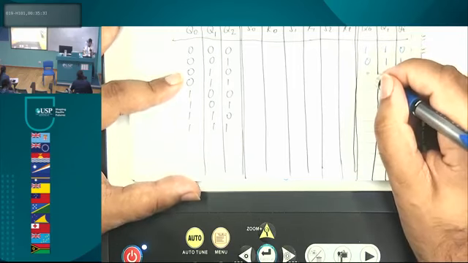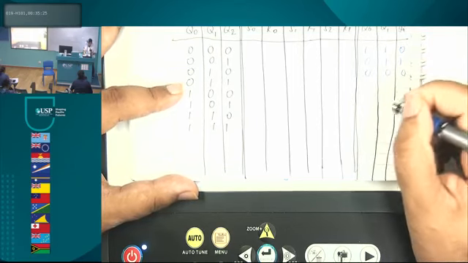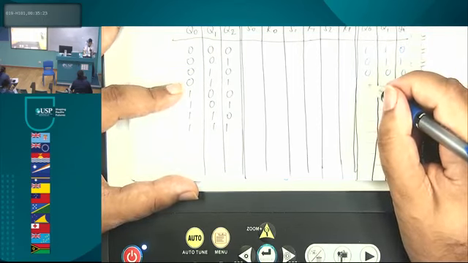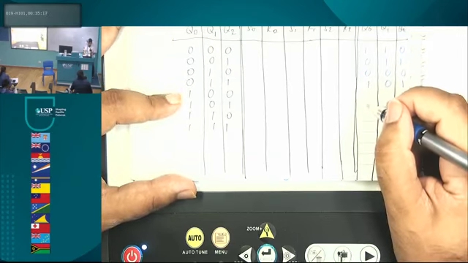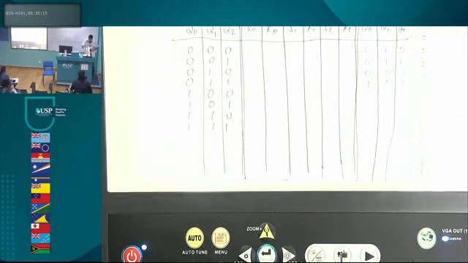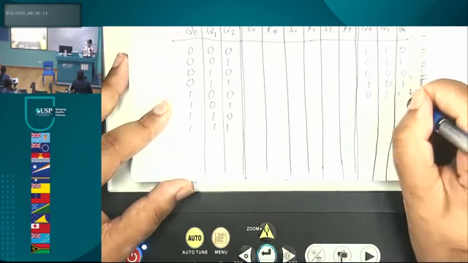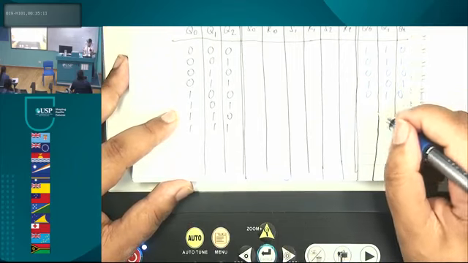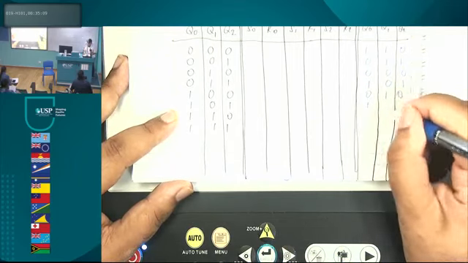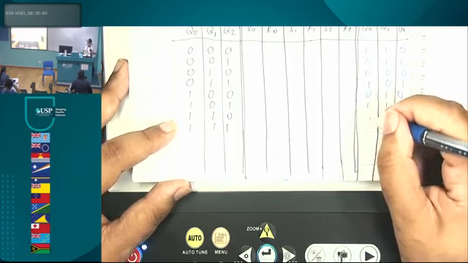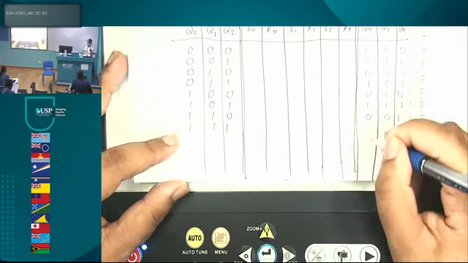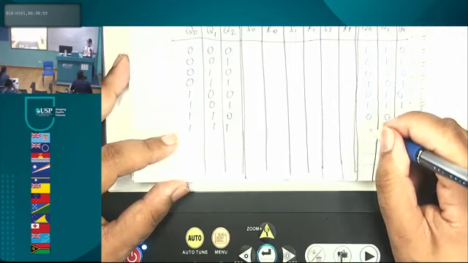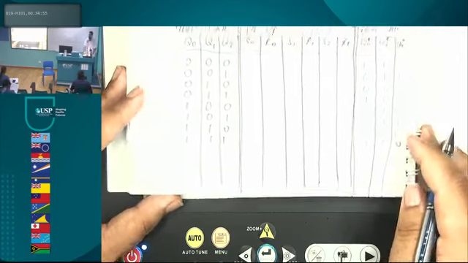Next, 0, 1, 0 becomes 0, 0, 0. 0, 1, 1. 1, 0, 0. 1, 0, 1. 1, 1, 0. Triple 1. So that was a good one.